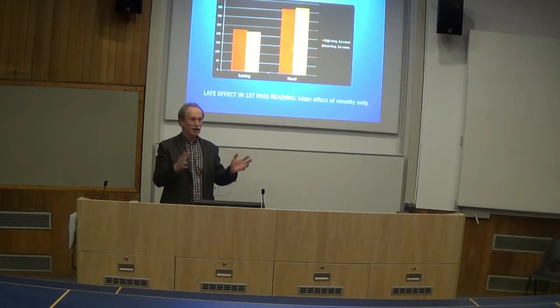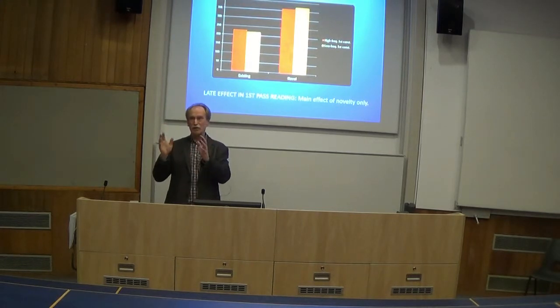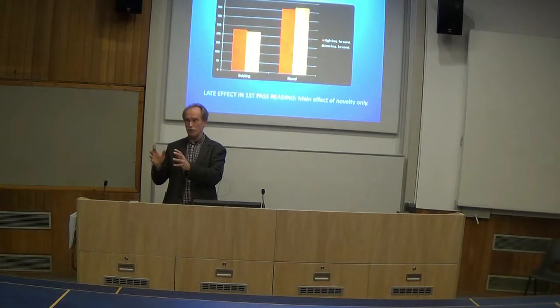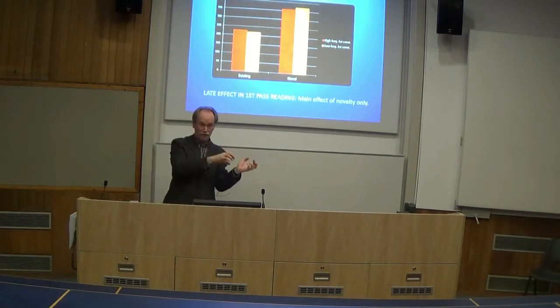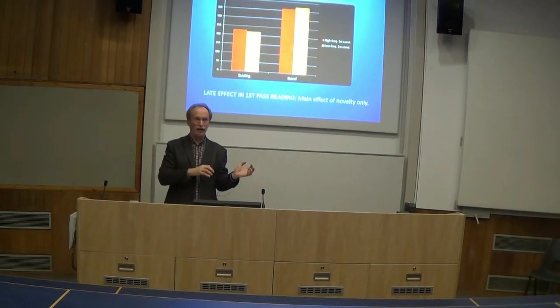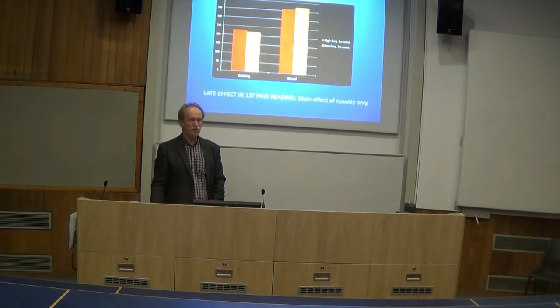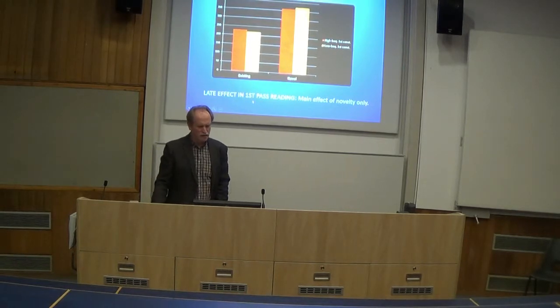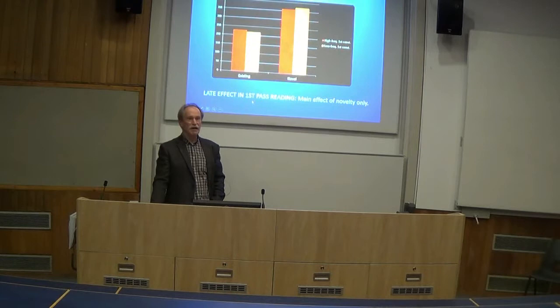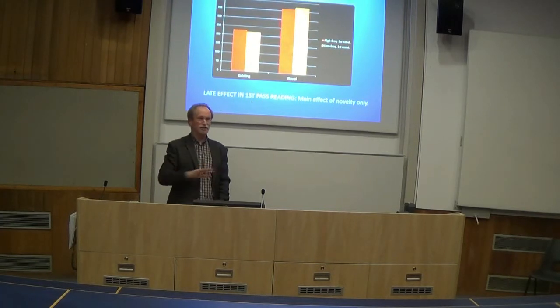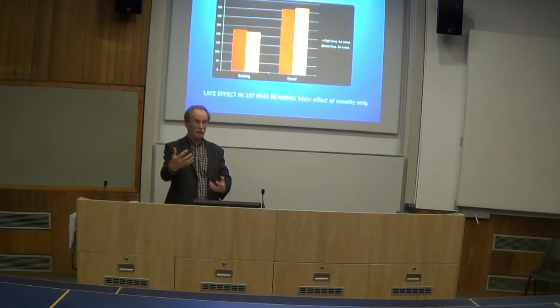So whatever comes after, there'll be fixation on the second constituent, but could also be rereading of the first, anything after that. And what you see here is only a pure novelty effect. You get a strong main effect of novelty, but the constituent frequency effect is already gone. So later, you are doing the meaning computation now. That's the gluing together.